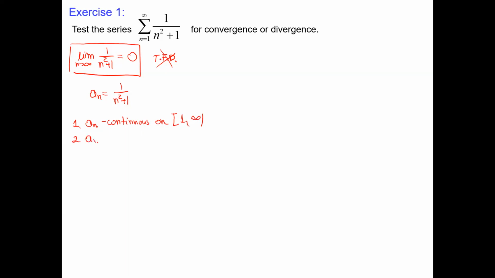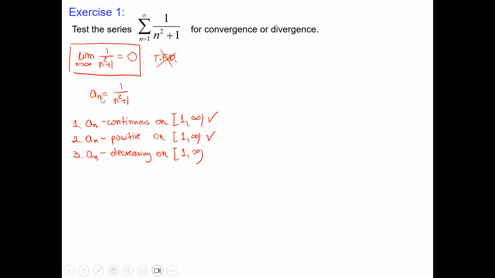Now, is a sub n positive? Yes, it is positive, because this is always positive for the values from 1 to infinity. And now the third condition: it has to be decreasing. Is a sub n decreasing? We have to be careful, but this formula is relatively easy.